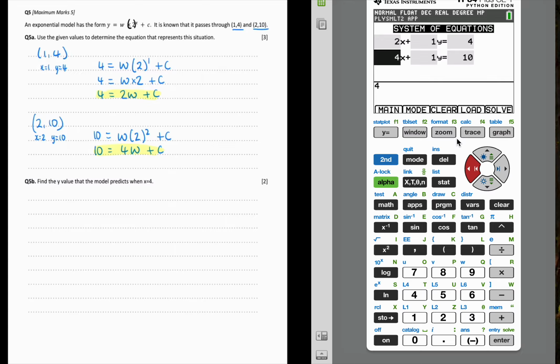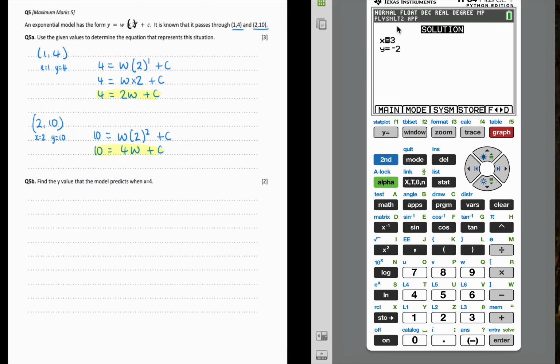The second equation, I have 4w and 1c is equal to 10. I'm going to solve that, and you can see here that x, which in our case is w, is equal to 3, and c, which on the calculator is y, is equal to -2.